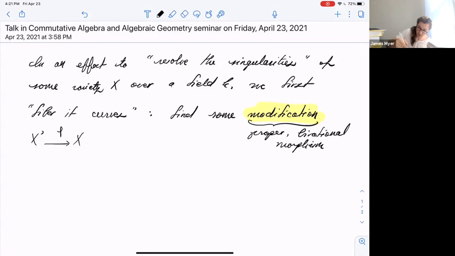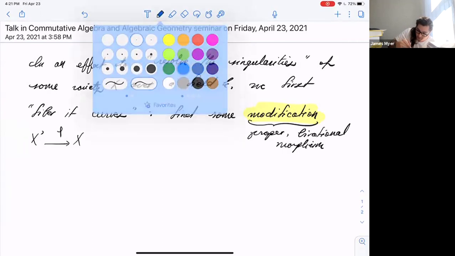I should be a little careful, I guess. If your field doesn't start off algebraically closed, then you might have to take an alteration just to make a finite extension to get some points. If you don't already have some points over your original field, you might have to take some extension. So I'll just write that in parentheses just in case.